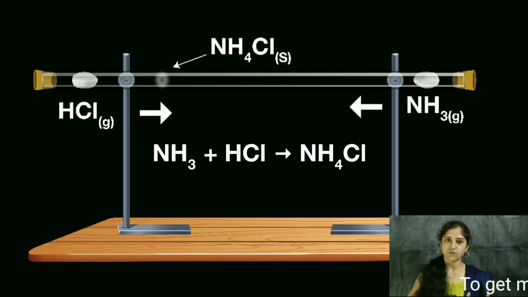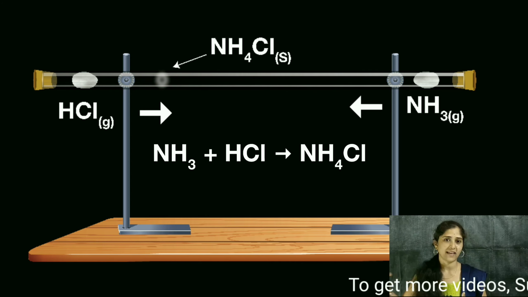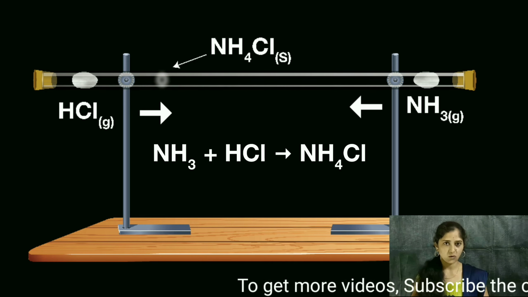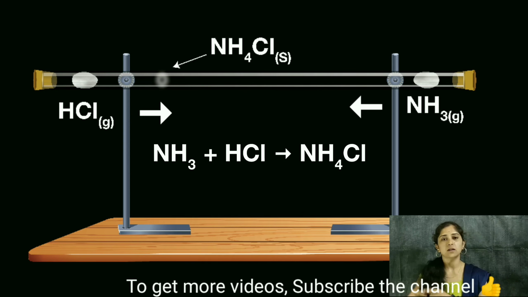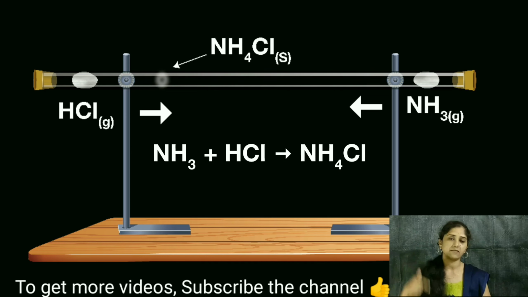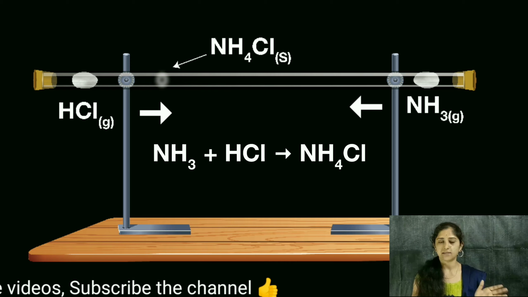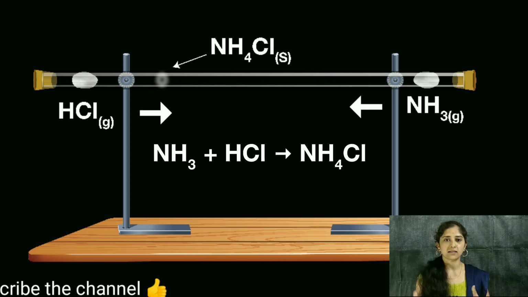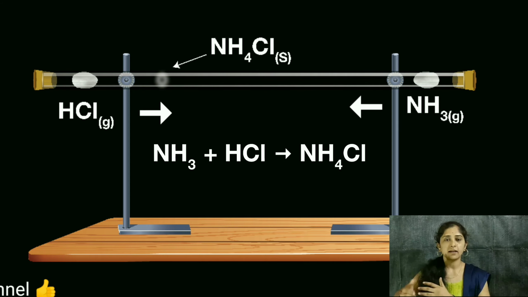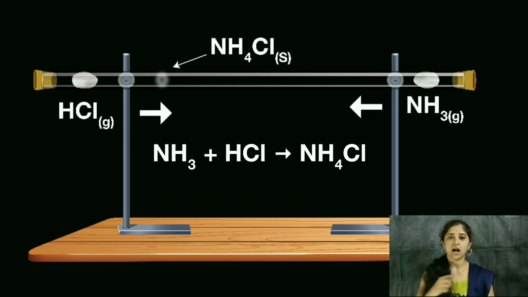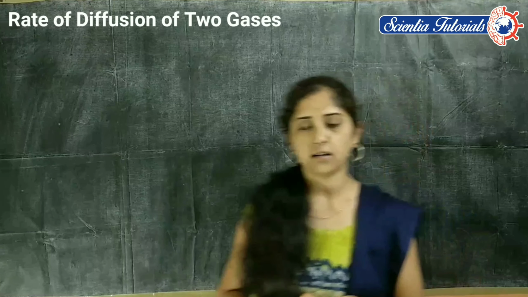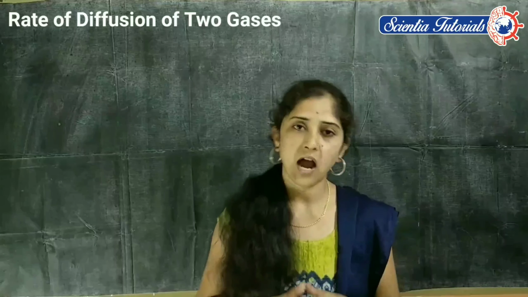The denser white fumes formed near the cotton ball of the hydrochloric acid, like a ring formed there. So ammonia gas traveled faster than hydrogen chloride gas, which is why near the cotton ball soaked in hydrochloric acid solution the dense fumes formed. So we can conclude that ammonia gas diffuses faster than hydrogen chloride gas.